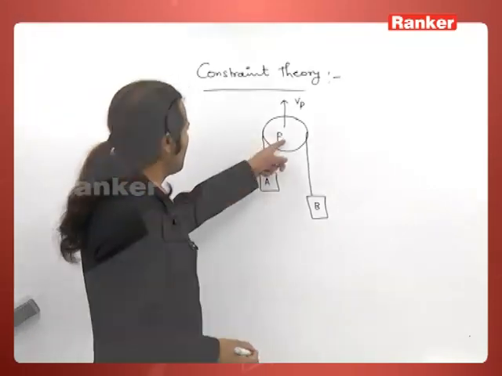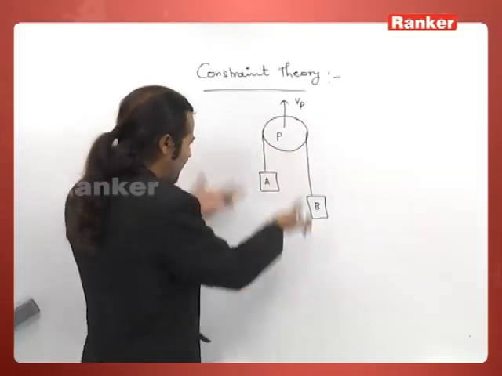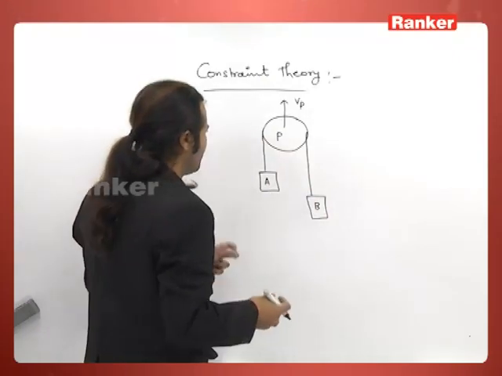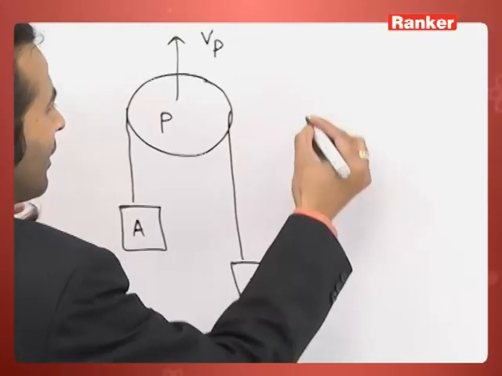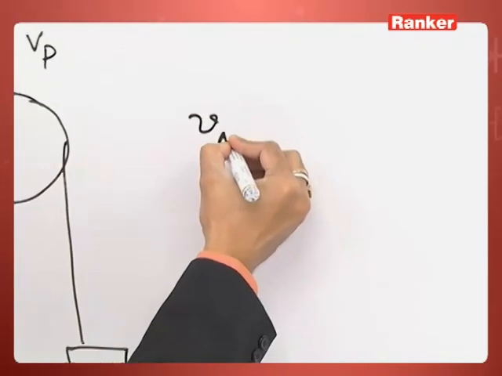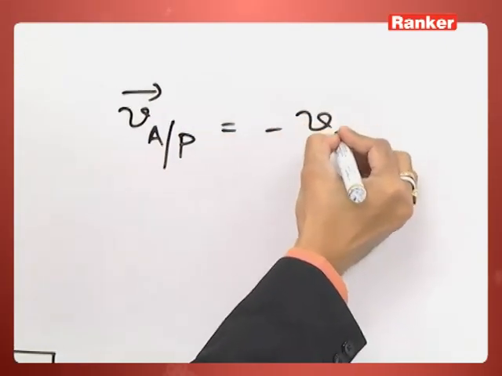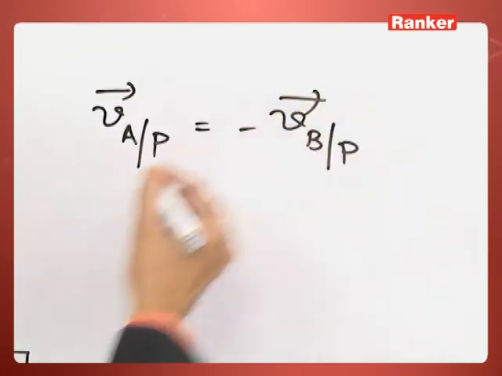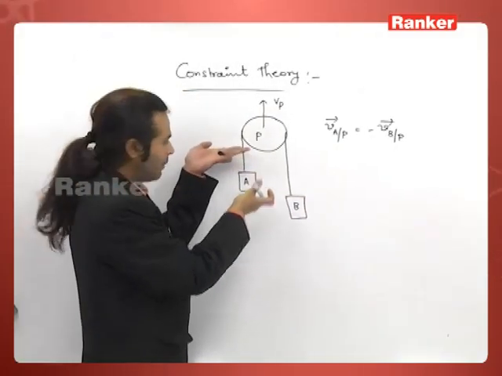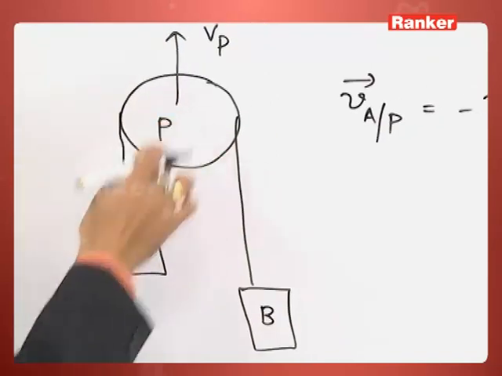Now here this is a pulley which is moving with Vp, and this A and B are also accelerating. So anyway, I can write here velocity of A with respect to P will be minus velocity of B with respect to P. As A will be moving up, B will be moving down with respect to this pulley.